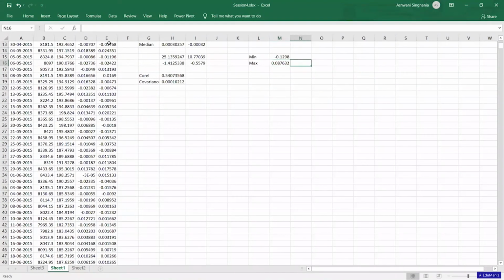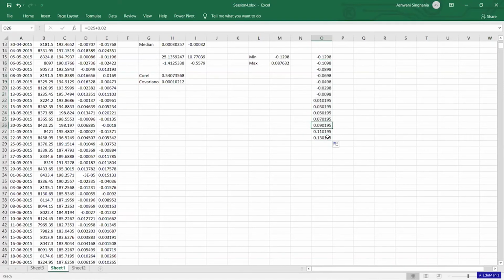Say the first data is this minimum, and the second data is this plus, suppose I want to make a class interval of 0.02, 0.02% return. So this is the second return. Similarly, I'm going to keep it increasing till I reach here. So till I'm at 0.05, I want 0.08.